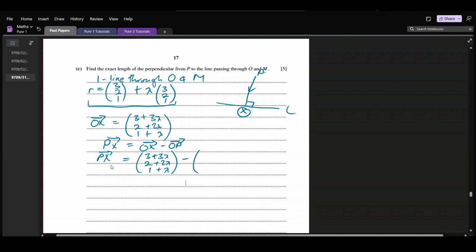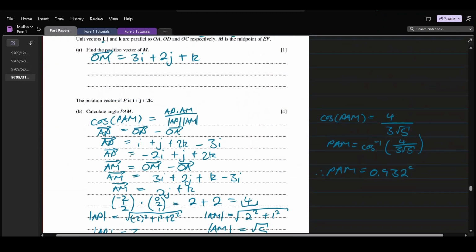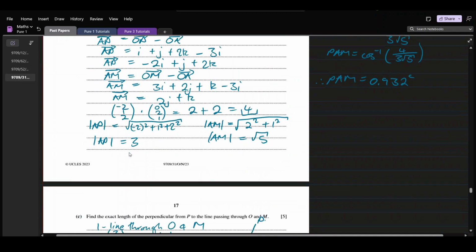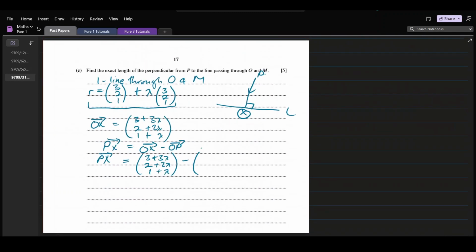OP was given in part B, and that's (1, 1, 2). This simplifies to give 3 minus 1, so 2 plus 3 lambda; 2 minus 1, that's 1 plus 2 lambda; and 1 minus 2, so minus 1 plus lambda.